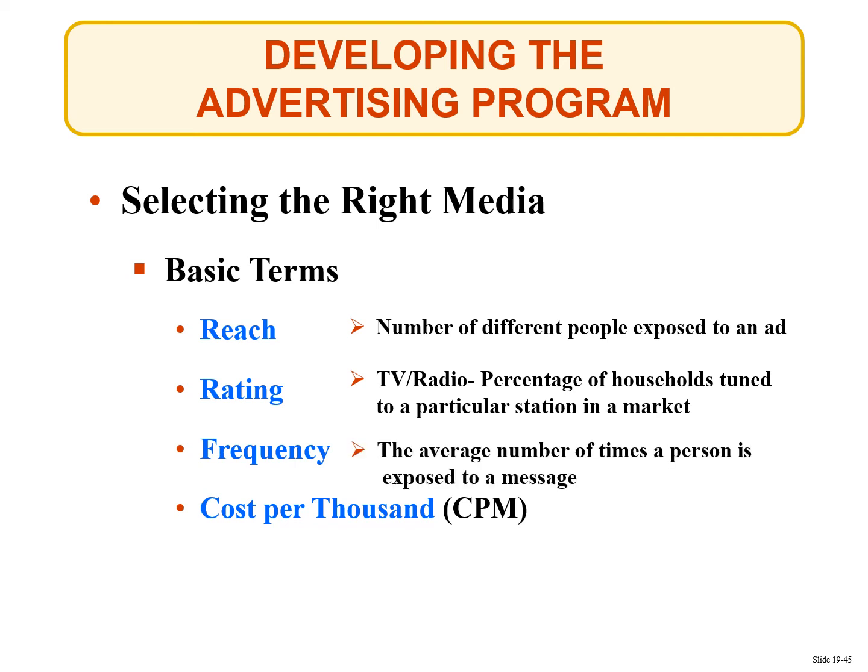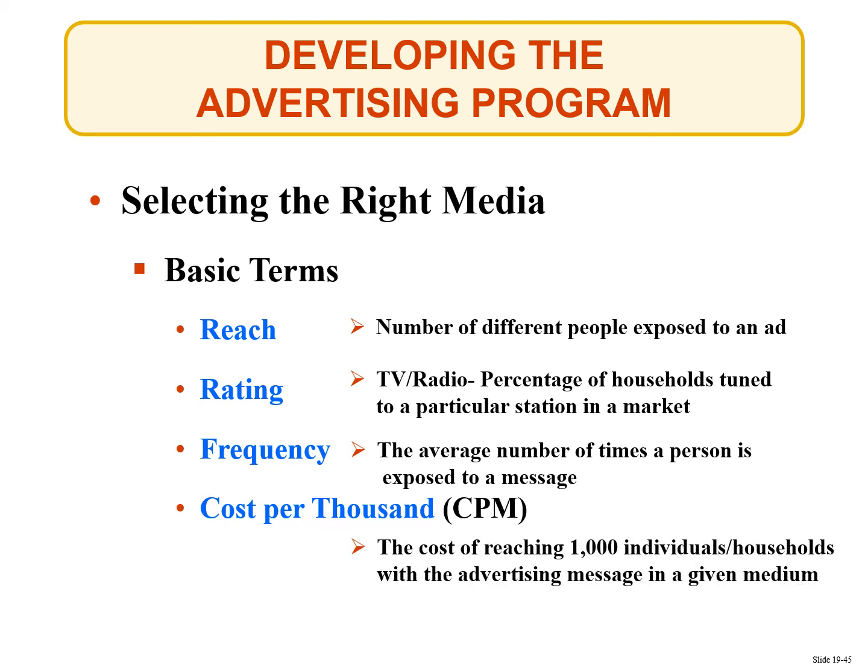Next is frequency, the average number of times a person is exposed to a message. That's how many times this particular audience member watched the particular advertisement. That's frequency. And CPM, which is cost per thousand, is the cost of reaching 1,000 individuals or households with the advertising message in a given medium.